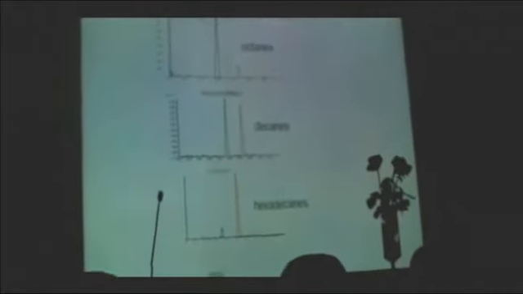For gas chromatography, this is an example of the deuterated and the non-deuterated compounds, showing the inverse isotope effect, so that the deuterated compound elutes earlier. For octanes, we see that most of the compound is deuterated with very little hydrogen-containing.